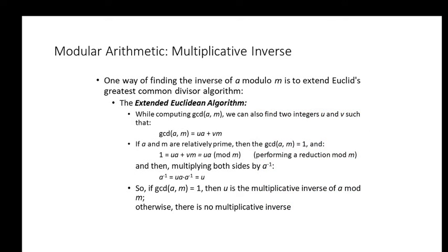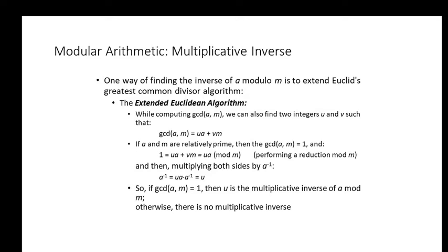One way of finding the inverse of a modulo m is to apply Euclid's greatest common divisor algorithm, GCD, the extended Euclidean algorithm. While computing the GCD of a and m, we can also find two integers u and v such that GCD of a, m is equal to ua plus vm.